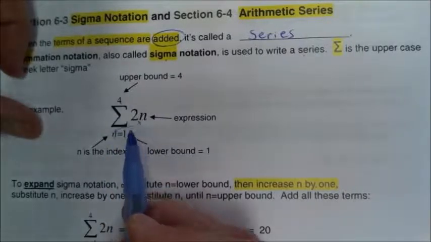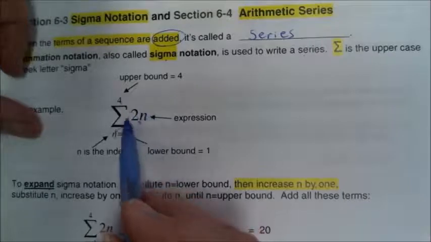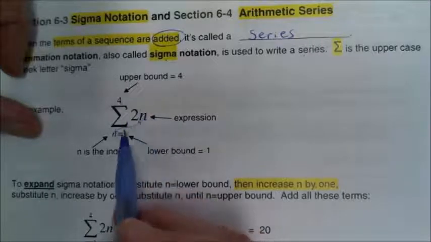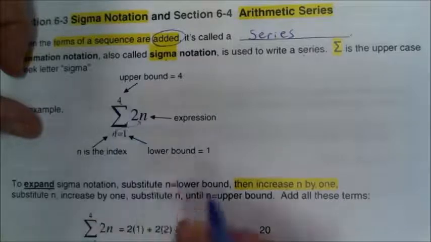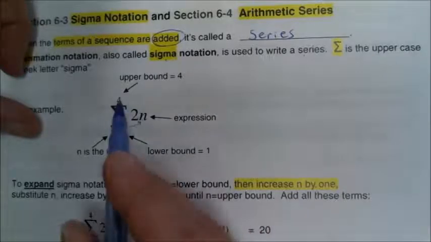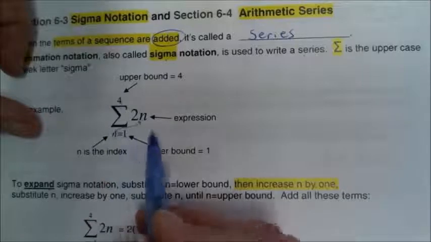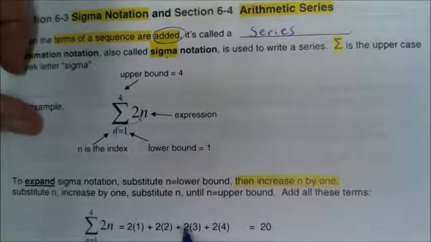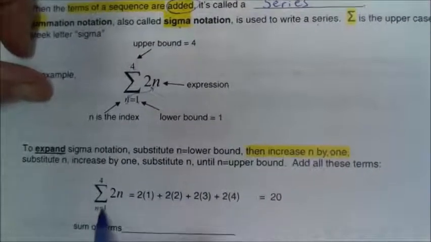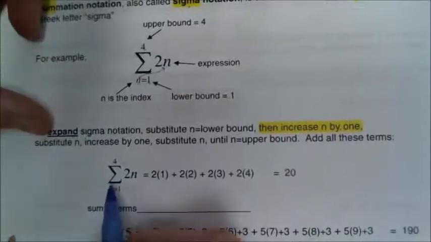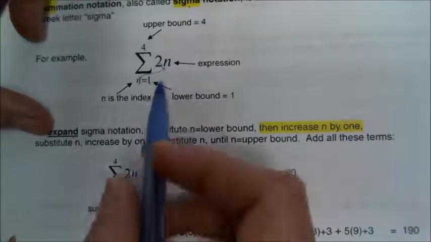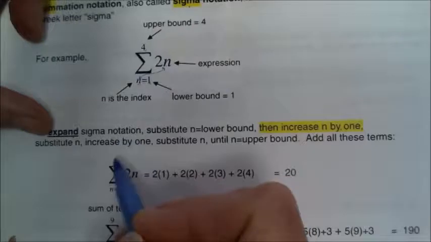So you're going to make a whole bunch of substitutions into this expression with the numbers 1, 2, 3, and 4. So n goes from 1 to 4, and you increase by 1. What does all this really mean in this case? Well, if you want to expand this sigma notation, this is exactly the same as this.